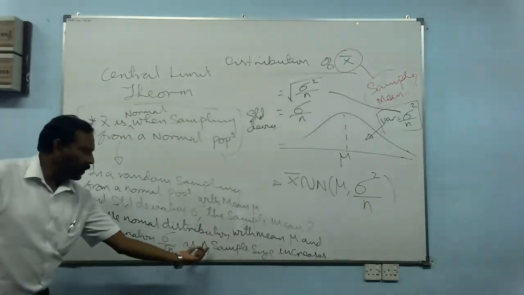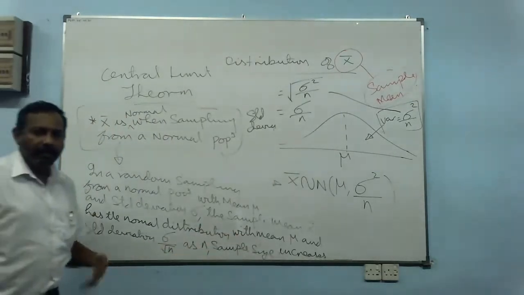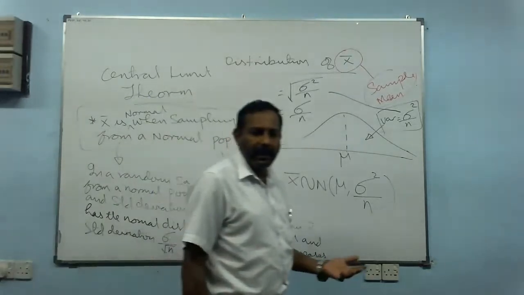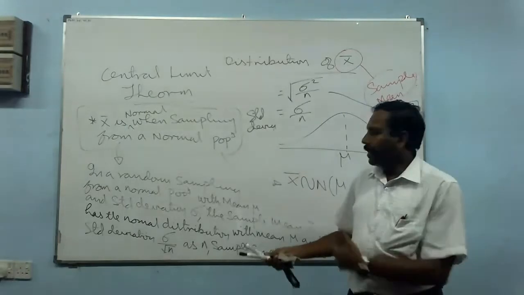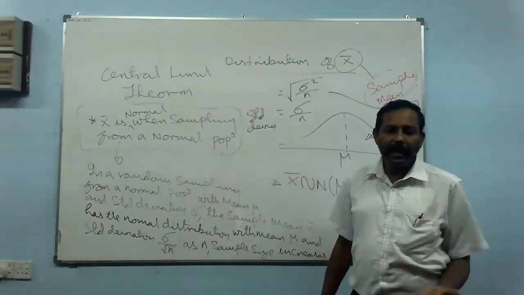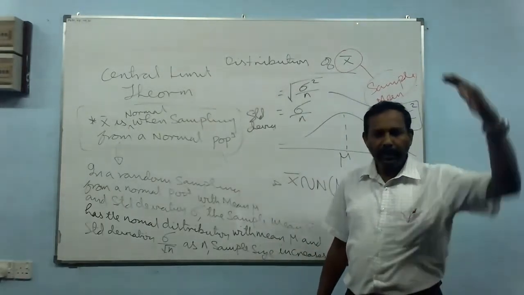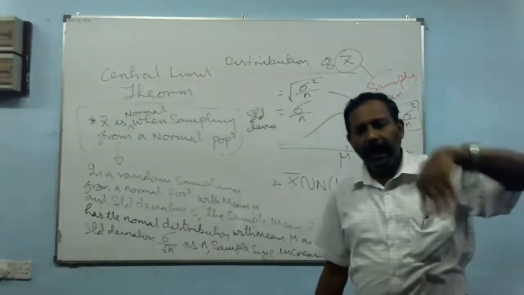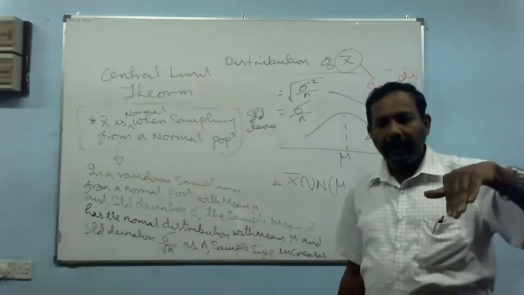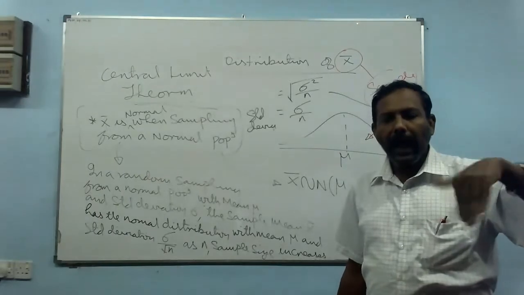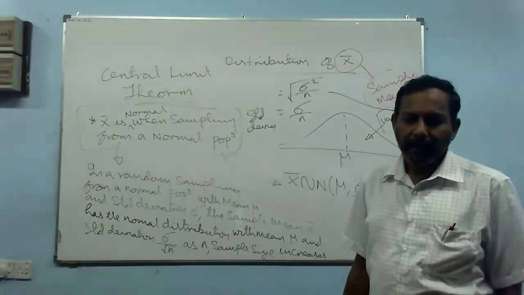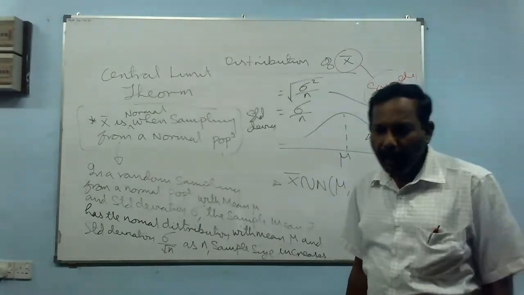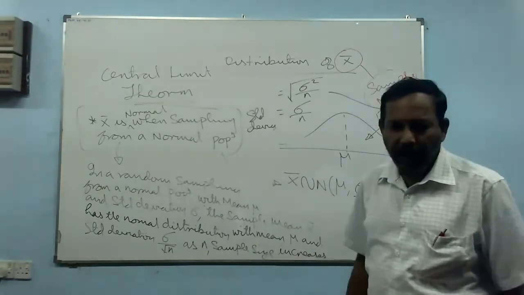So n is the sample size. In other terms, when we increase the sample size, this will come true. That means the x bar also will behave like a normal distribution like the mother distribution, with the same mean mu and standard deviation sigma divided by square root of n. Tanupriya, is it okay?